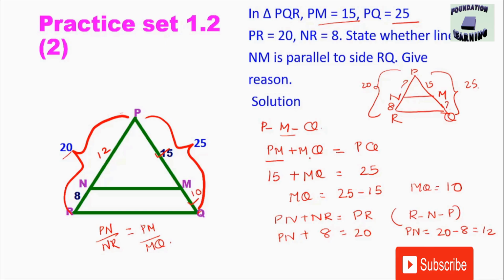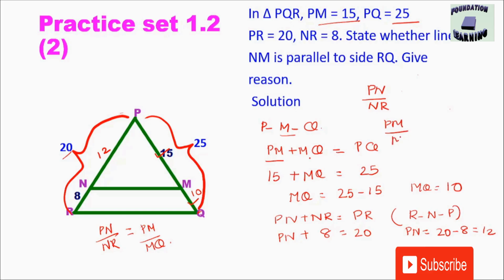Now, using the basic proportionality theorem, we will find whether the lines are parallel. We'll check the ratios PN upon NR and PM upon MQ.